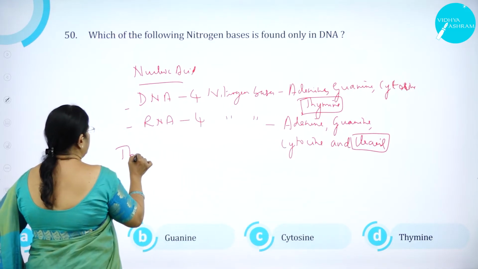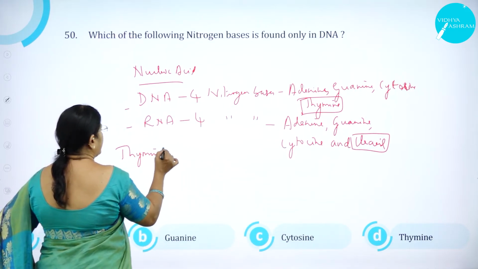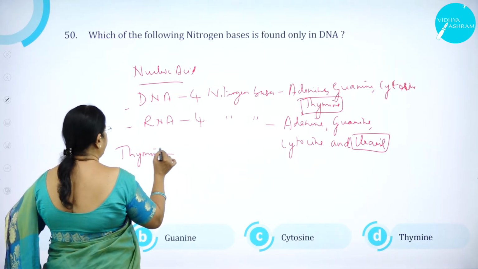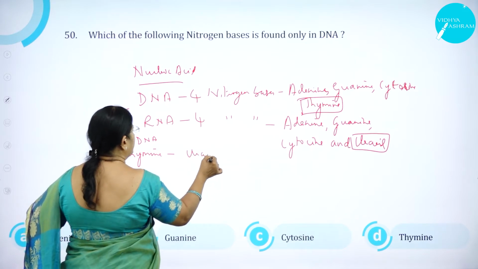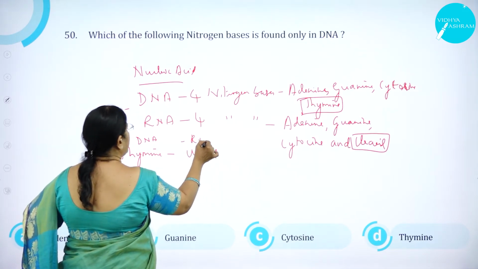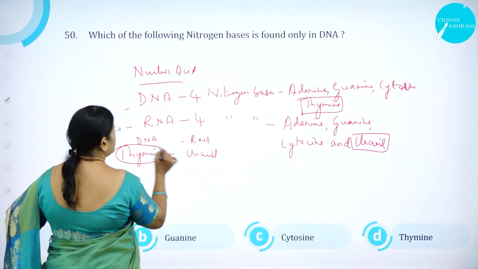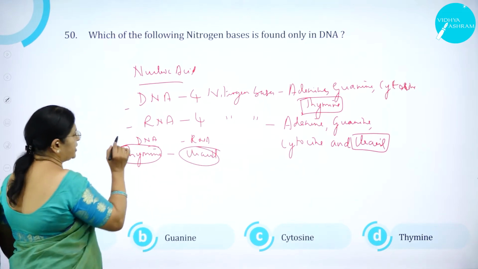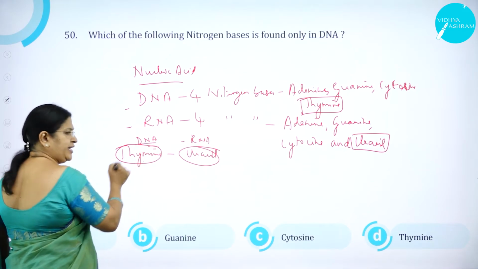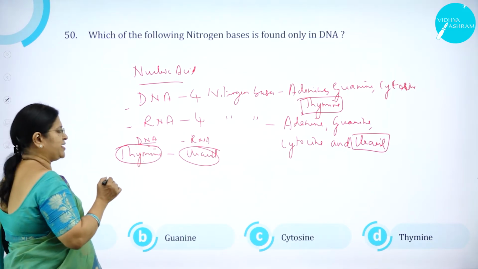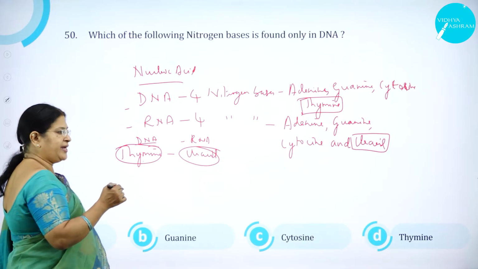So thymine of DNA is replaced by uracil in RNA. The rest of the nitrogenous bases are the same. The only thing is, in DNA the nitrogen base is thymine, in RNA it is uracil.